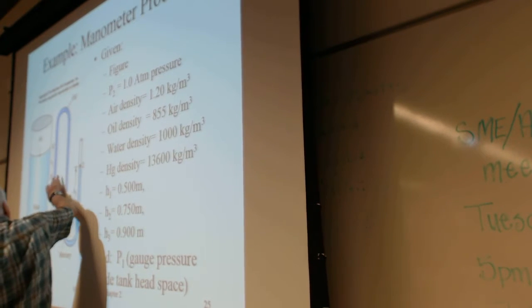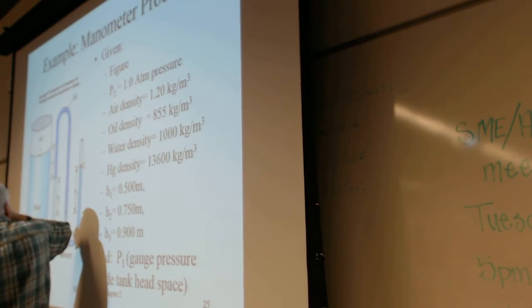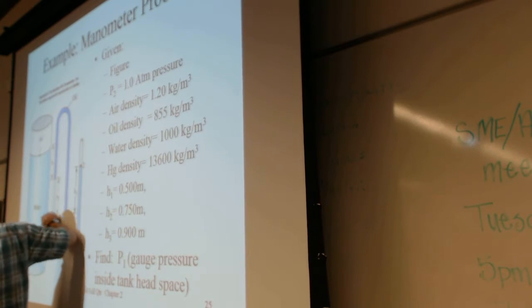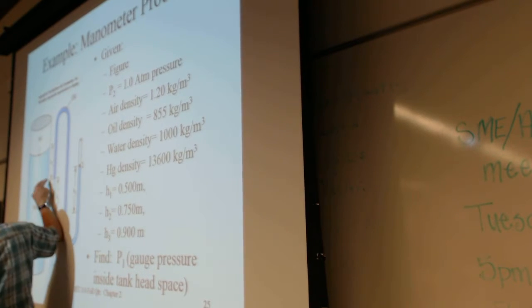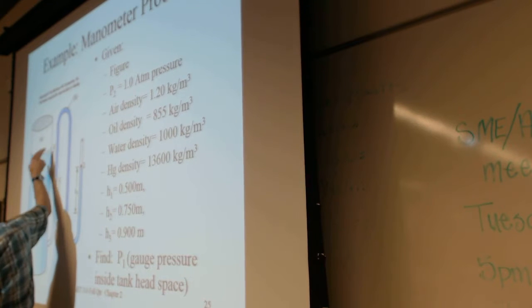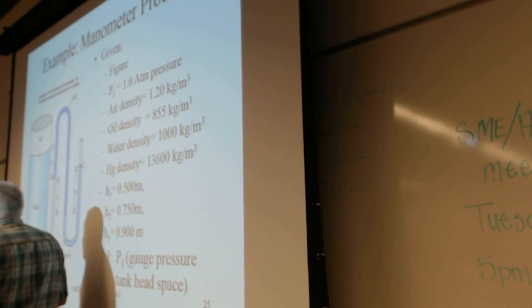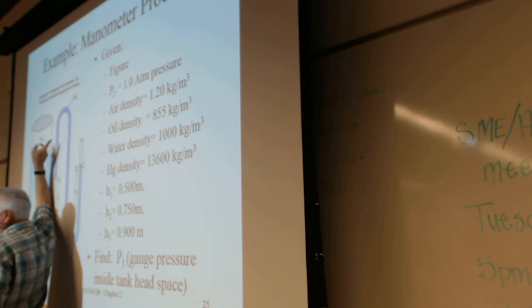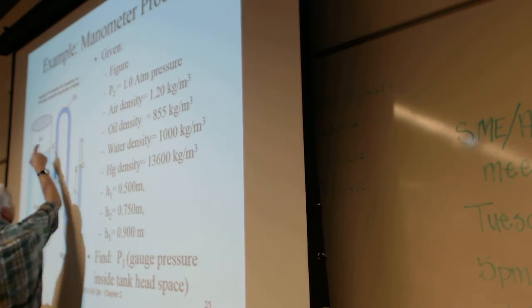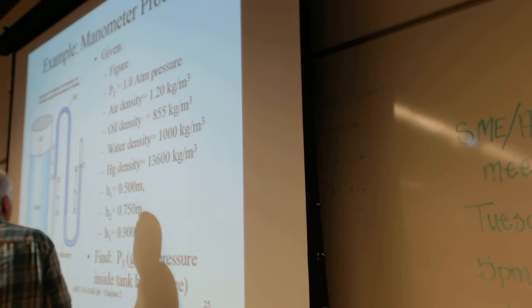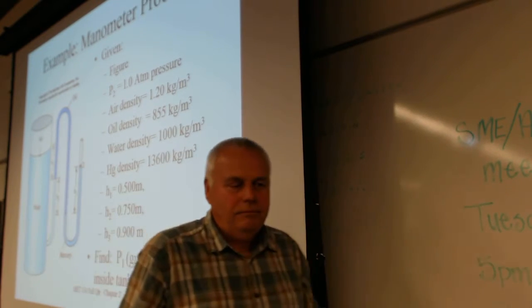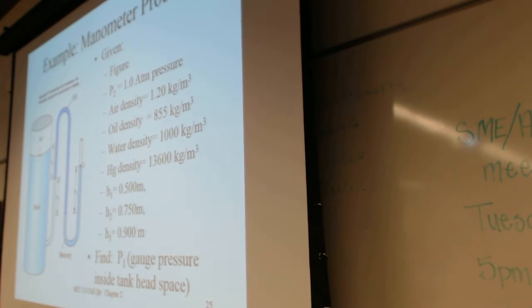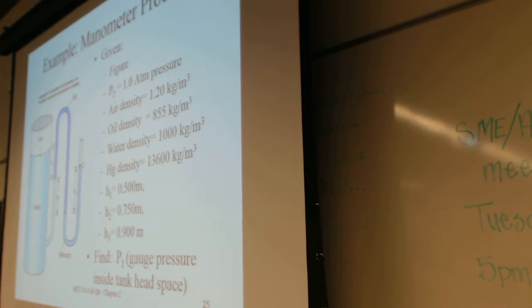Then for the water, it starts here and goes all the way to this surface, measuring up. When I get to that point, they did the numbers differently, I'm calling that 1 and 2. They're saying that's 1 and this is 2. We're going to figure out what the air pressure would be.